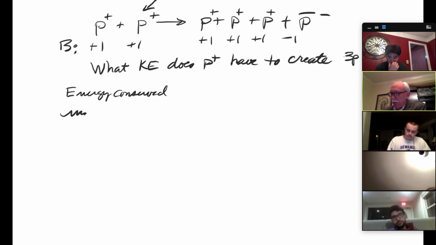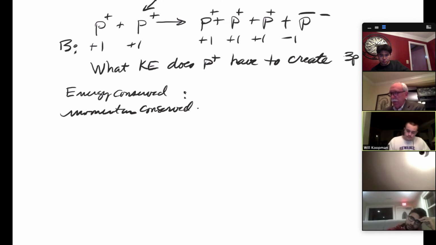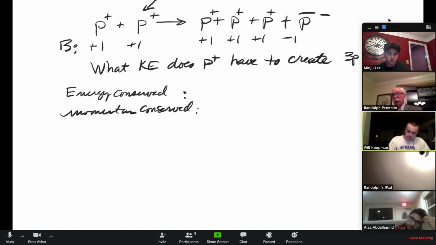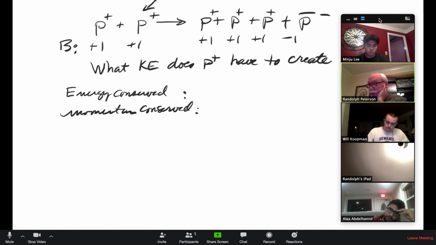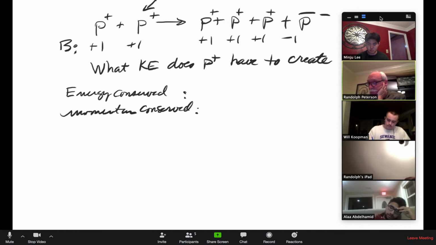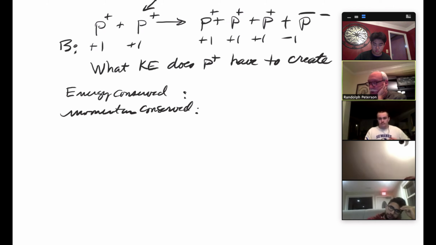Momentum has to be conserved. So we checked all the other quantum numbers, so this is all that's left. What's the energy? Let's call this particle 1, 2, 3, 4, 5, and 6.